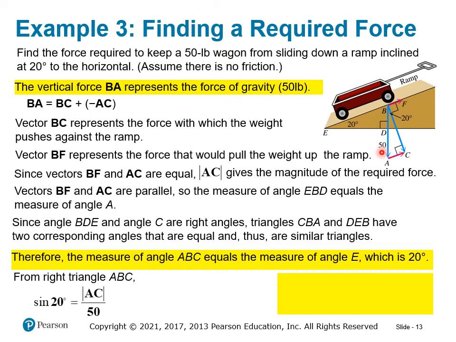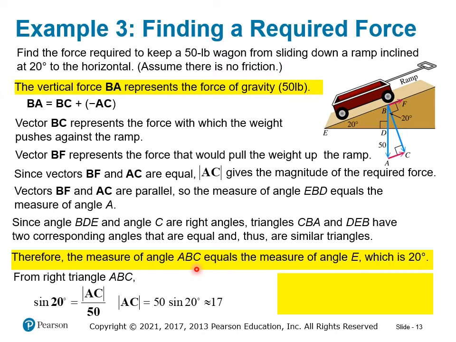With that we can see that the sine of 20 is equal to AC over 50. AC is here over 50. We have a right triangle, so sine equals opposite over hypotenuse. The sine of 20 equals the opposite, AC, over the hypotenuse, which is BA, the weight.